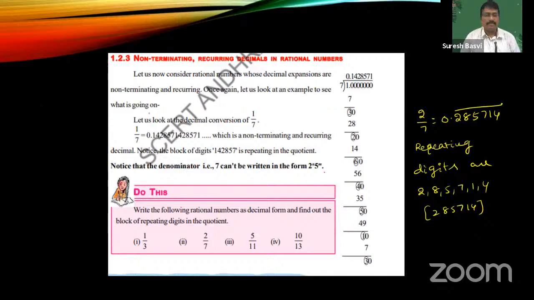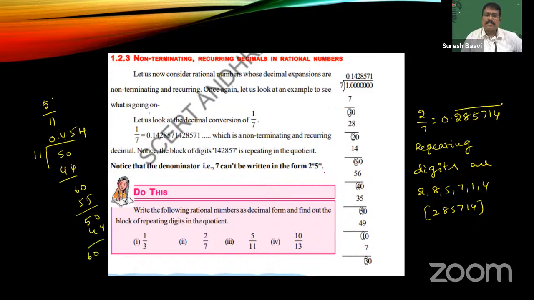Next 5/11. Since I have taken it fully, I have no choice, I have to do it this way. So 11: first the point is there, 11 4s are 44, again 6 is there, 11 5s are 55, and so on. What is the block of repeating digits?